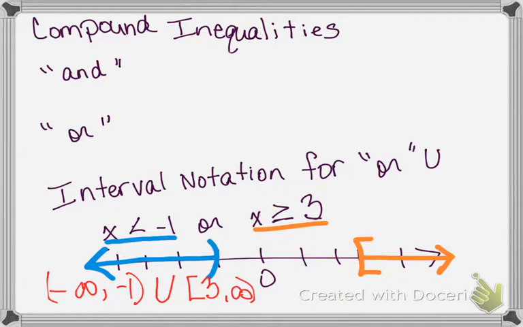Okay? Can I go to the next screen? Oh, you know what? Actually, I want to talk a little bit about and or first. So when we talked and when we stood up, so whenever we've got two inequalities joined by the word and, we must meet both criteria.